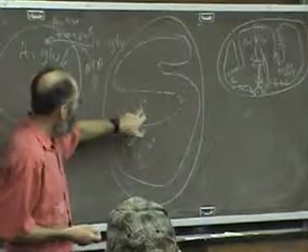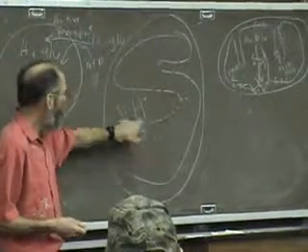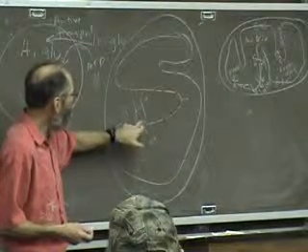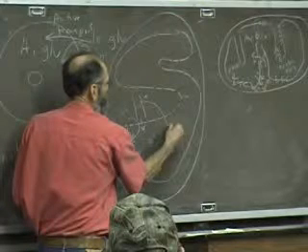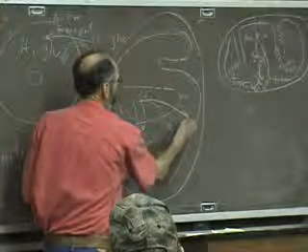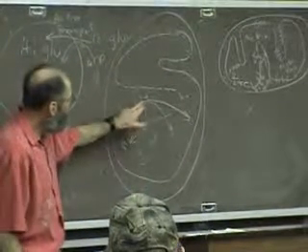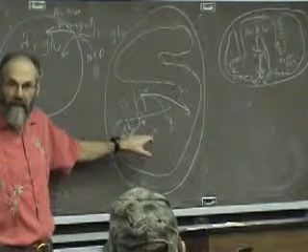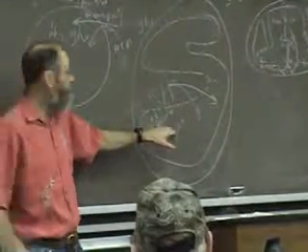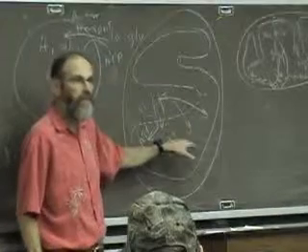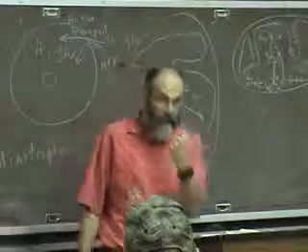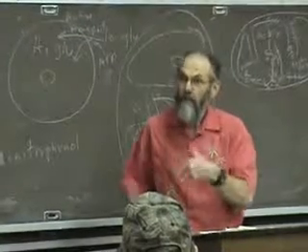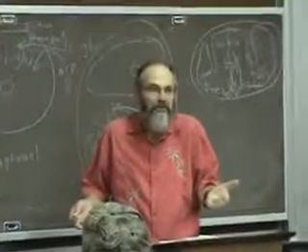We get a proton gradient, and the protons can move back into the matrix through ATP synthase, or they can move back in through what? These leaky holes. When they move through ATP synthase, we get ATP. We get energy. But when they move back through the leaky holes, what do we get? We get nothing.